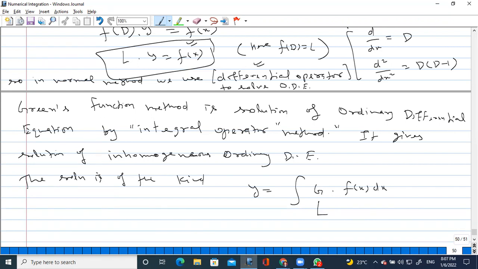And this operator is known as Green function or operator. So this operator is named as Green function, and it works as an integral operator.